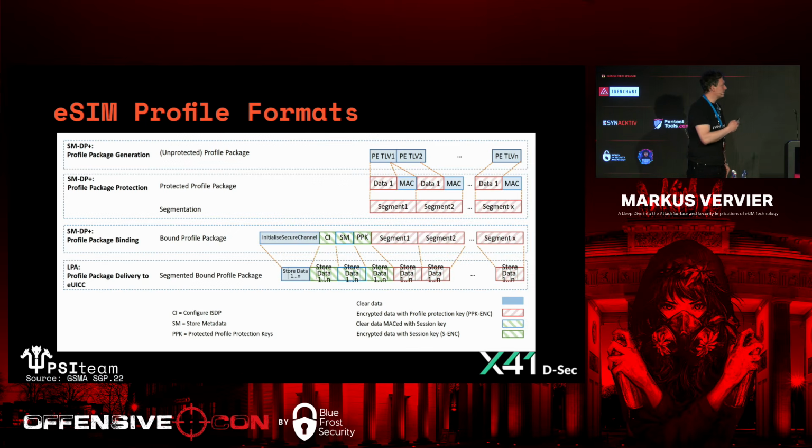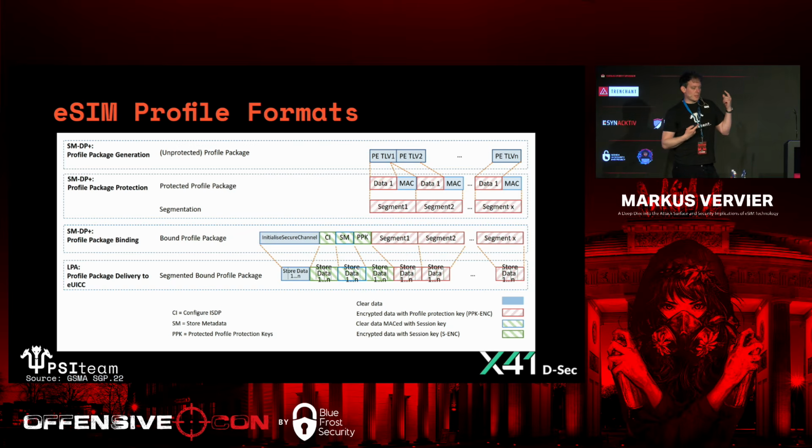Yeah. The eSIM profiles can come in different packages or formats. So, of course, the top one is the unencrypted one. That's available in the operator on the SMDP Plus. Then it actually will get encrypted and MAC'd, so it's also integrity checked.